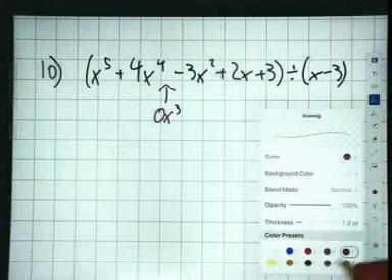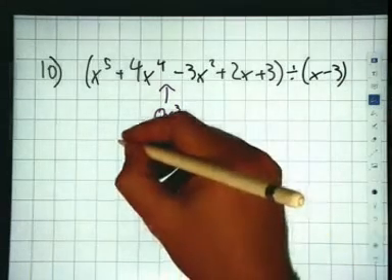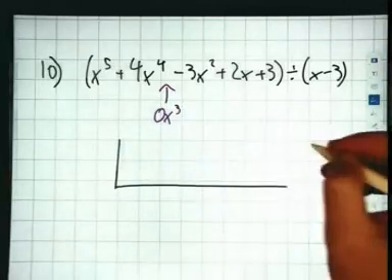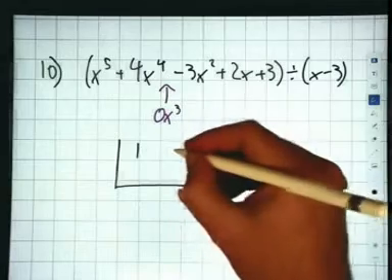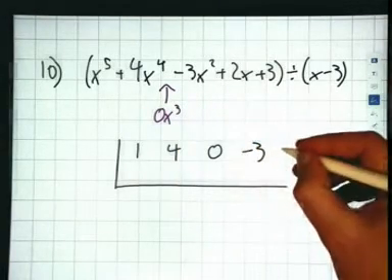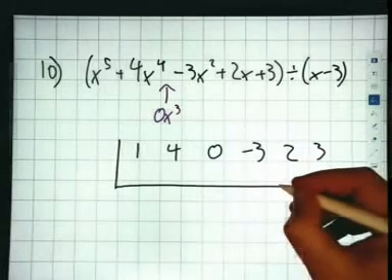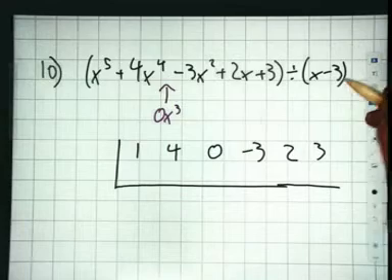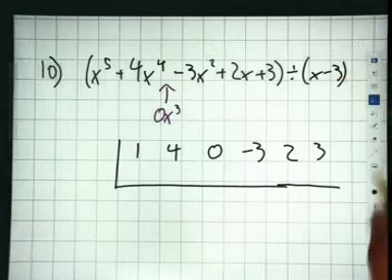So when you go through and set up your synthetic division, let's talk about the inside of the box. We're going to have the coefficients of 1, 4, 0, negative 3, 2, 3. And remember, we're going to be dividing by a.